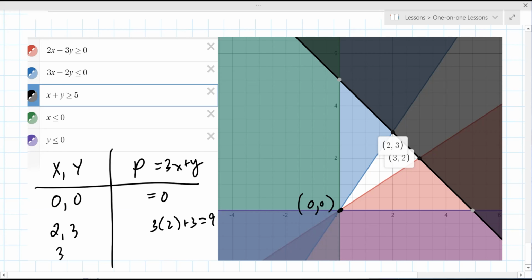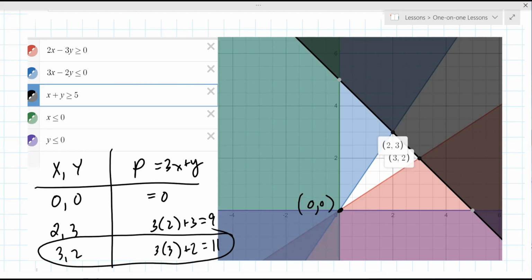And then we've got 3 comma 2, that's 3 times 3 plus 2, that's 11. So this is our winner here. I'm glad you get more than 2 submissions because I would have messed you up on that.